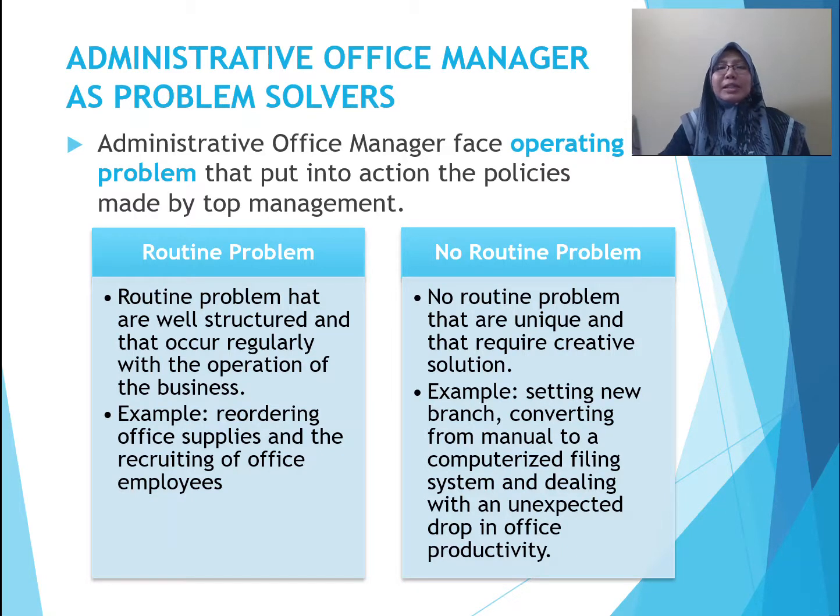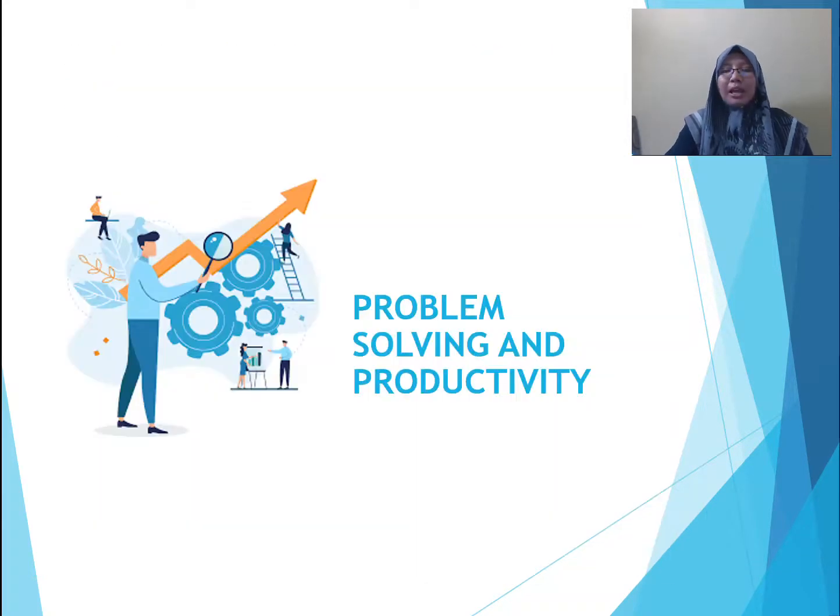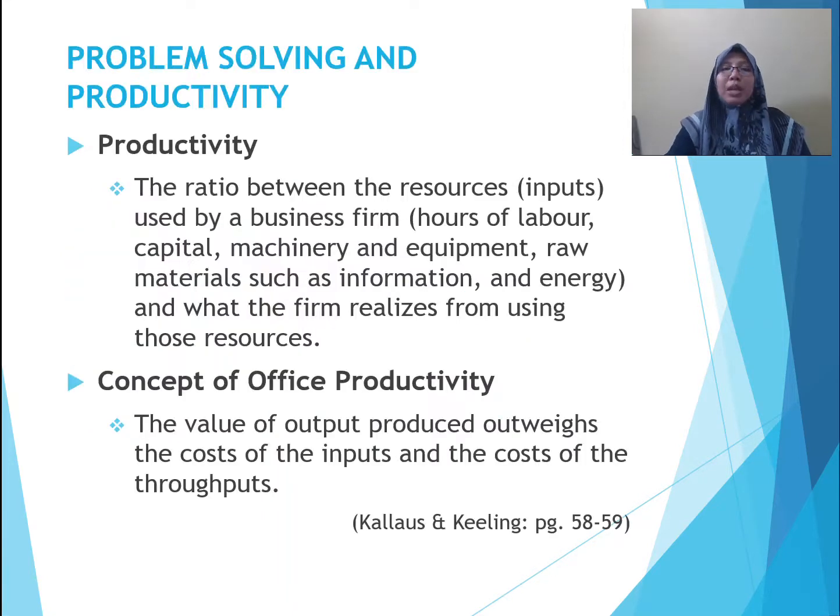Okay, so you need to know that there are routine problems and non-routine problems faced by the administrative office manager. Next we are going to go to the second part, which is problem solving as well as productivity. So what is productivity?